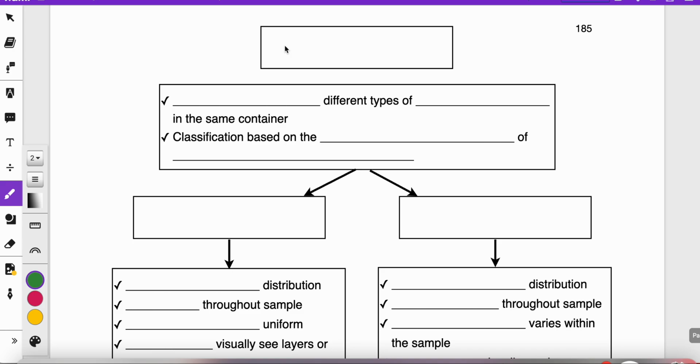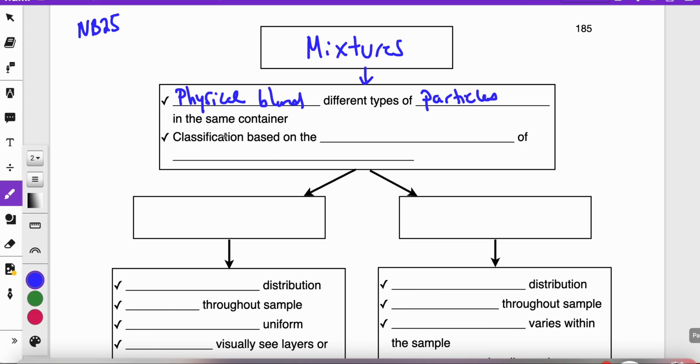p185, and it is a review of earlier in the school year, notebook page 25. So we are specifically looking at mixtures. And mixtures represent a physical blend of different types of particles that share the same container.